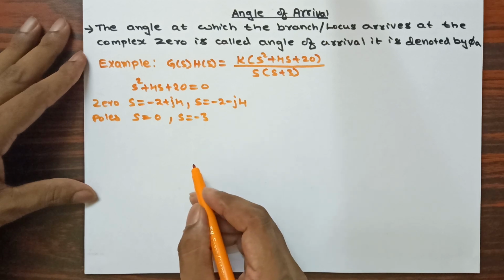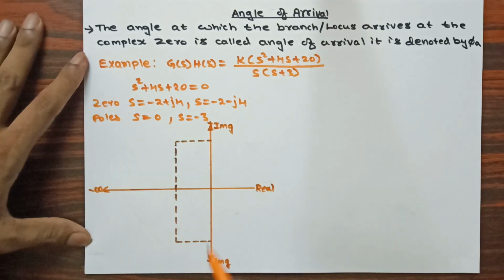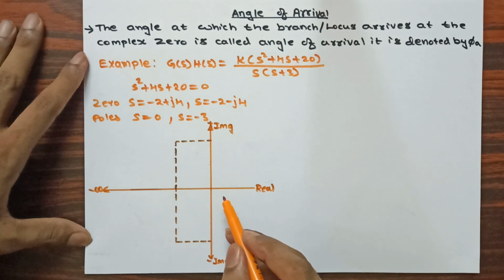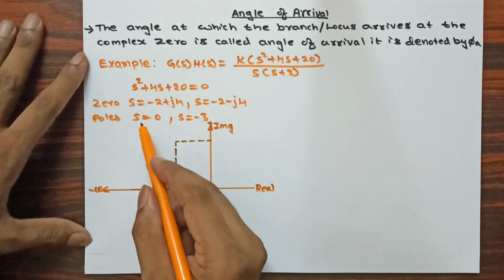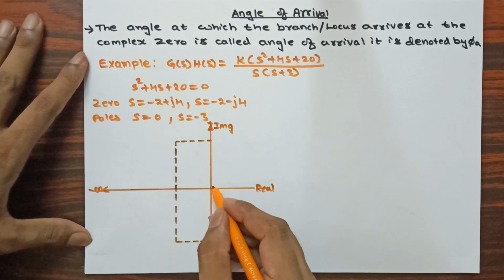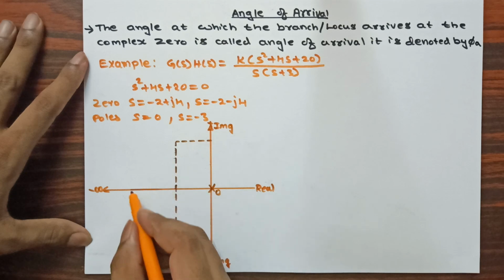So next we are going to plot the pole-zero plot, and from that we are going to calculate the angle of arrival. Now on this, I am going to locate the pole locations and zero locations. Here the pole location s equal to 0 is at the origin, and s equal to minus 3.